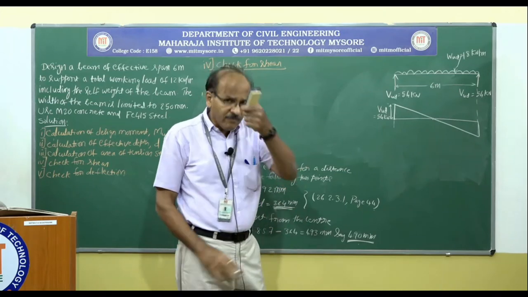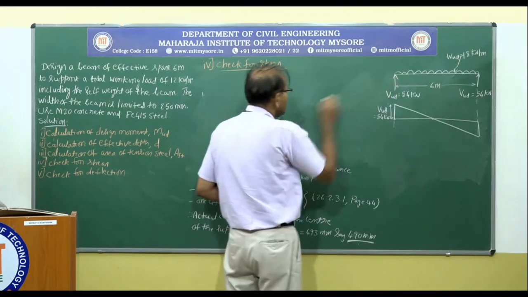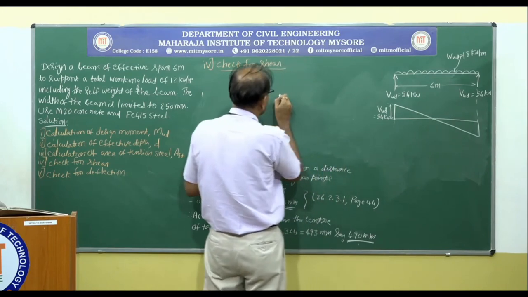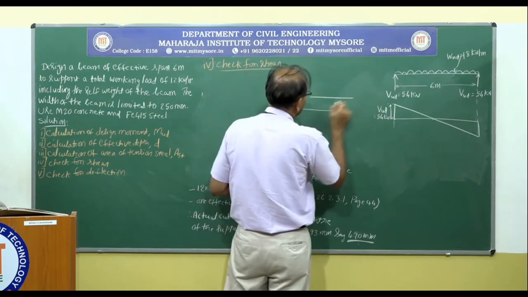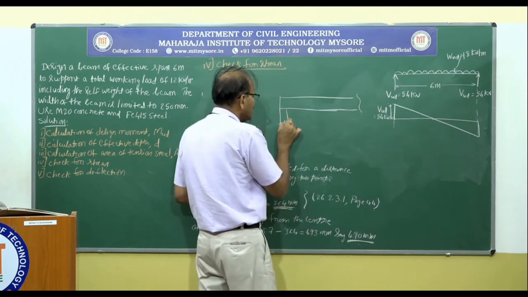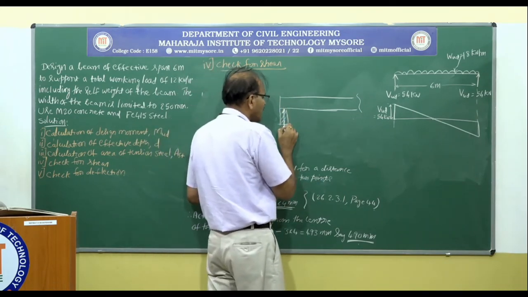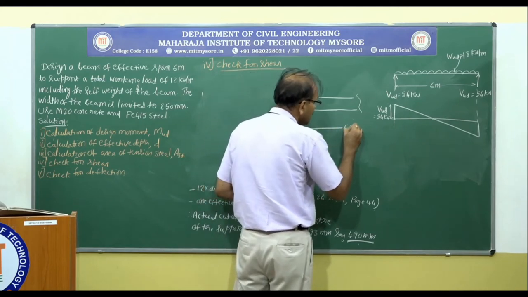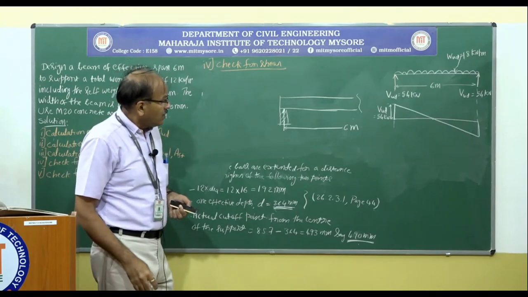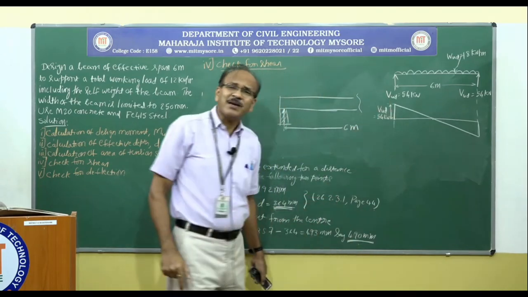So if you remember the first class, what happens is, this is a beam. Okay, and this is a support on one side, and from the center of the support I have taken this distance. This distance is 6 meter. Okay. So whatever the reaction here is the shear force, that is the maximum shear force.